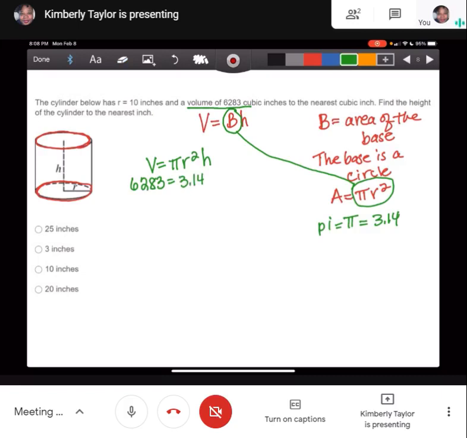And then they said that the radius, r, is 10 inches. So we're going to say times 10 squared, and then times the height. So now let's start calculating. So far we are at 6,283 equals 3.14 times 100 times the height.